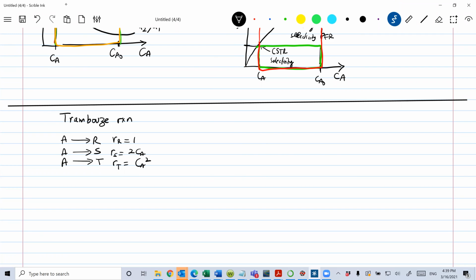Okay, so the question I'm asking is, what is the maximum concentration of S, what is the maximum that can be obtained?